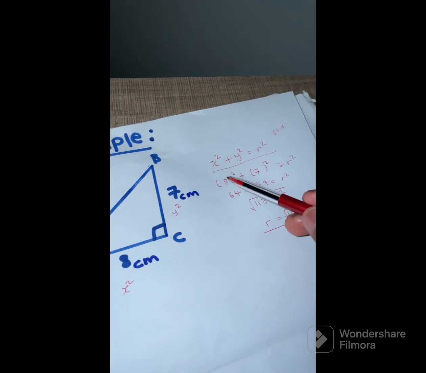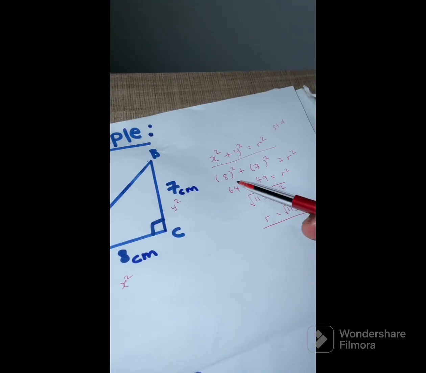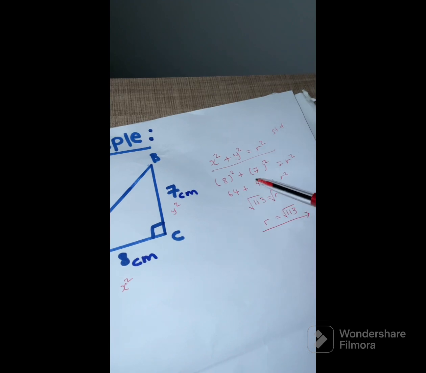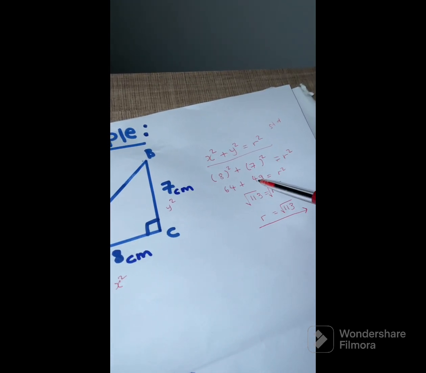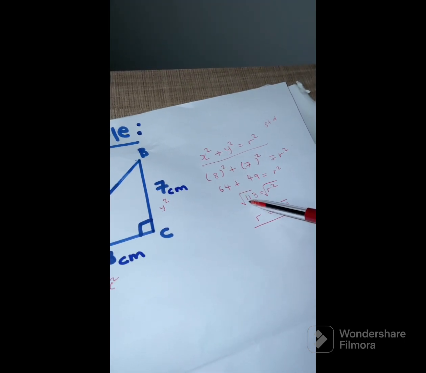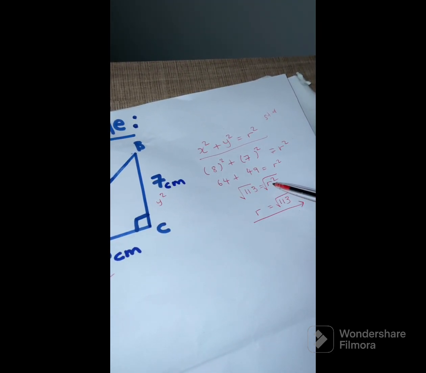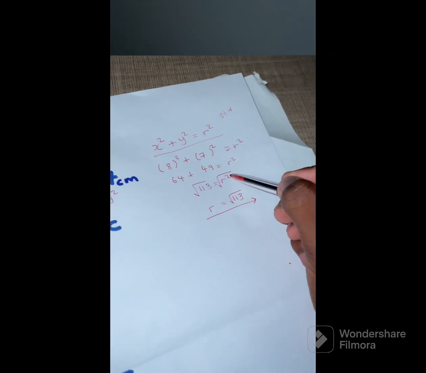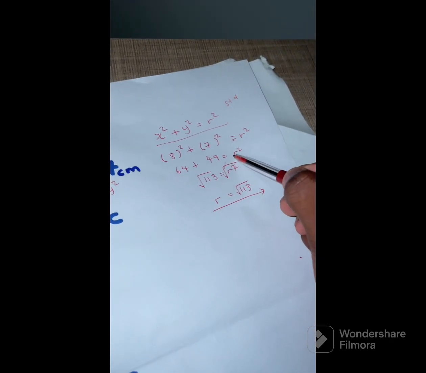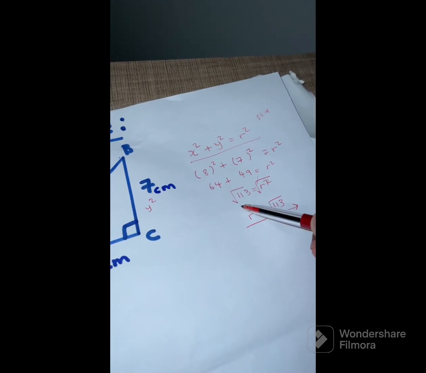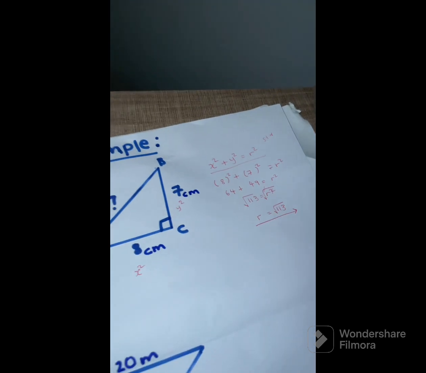You do 8 times 8, because that is 8 squared: 64, and then 7 times 7, 49. You add the 64 and the 49, you get 113, and then you put a square root to cancel the square, because you're not looking for r squared, you're looking for r.